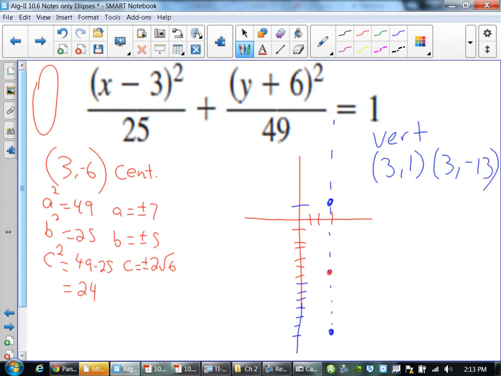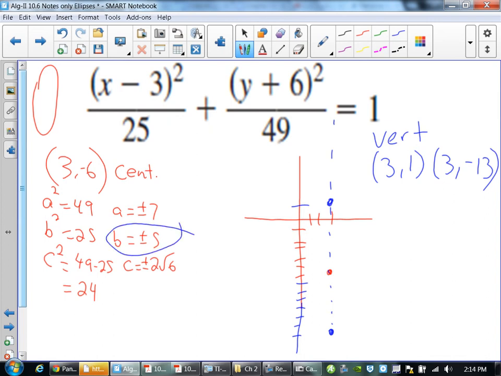Notice how I'm just adding and subtracting. To go to the co-vertices, I don't have to change the y values, now I change the x values. I change them by how much? 5.